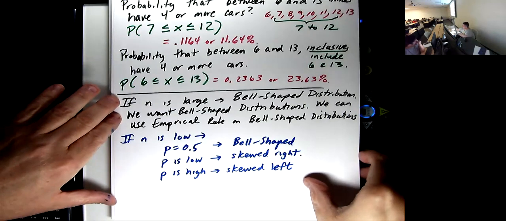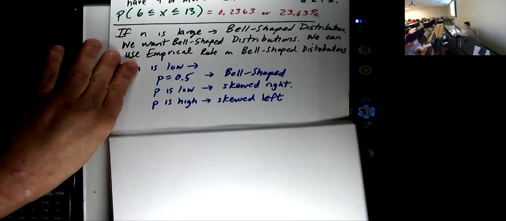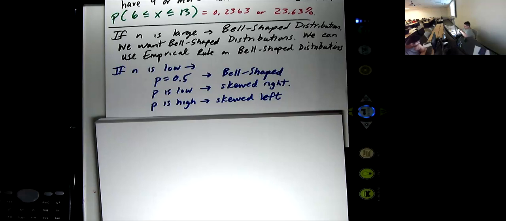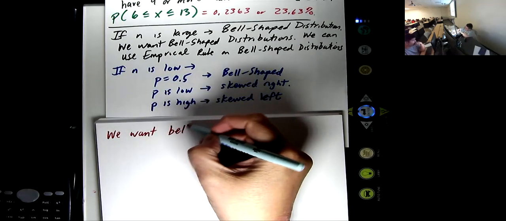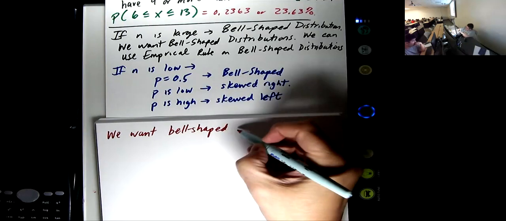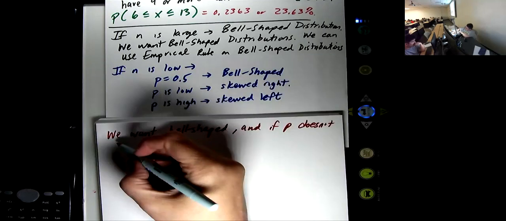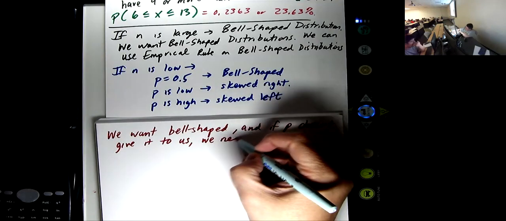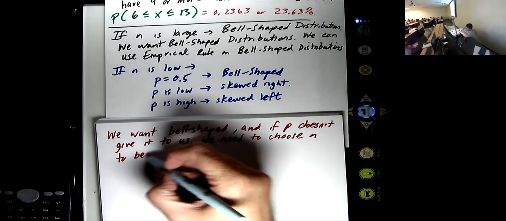So we want bell-shaped. And if having the right P doesn't give it to us, we need to choose N to be high enough that it does.